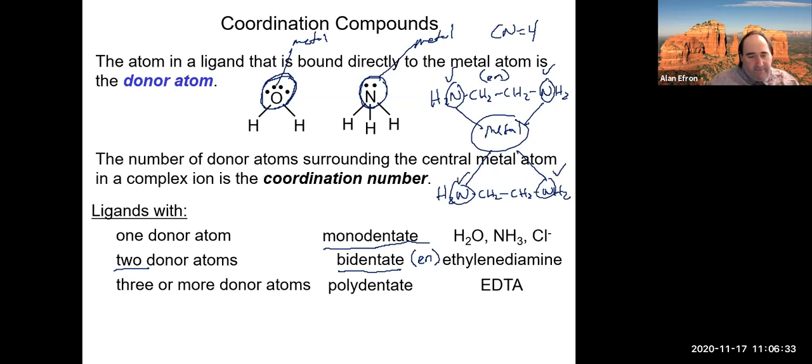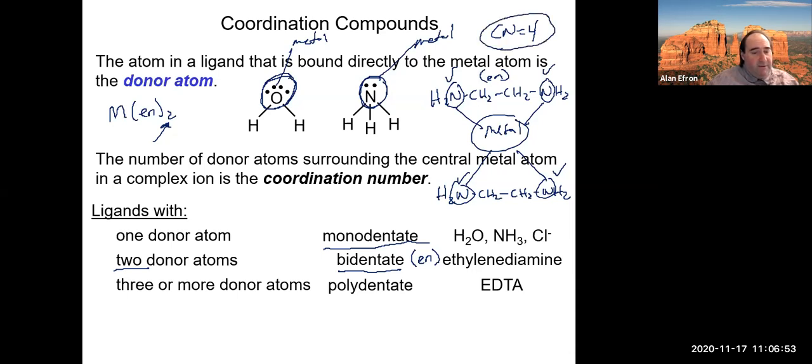So if you have the formula for that, it may look something like this. Very commonly people will look here and go, oh, the coordination number is 2. That would not be the case in this situation, because for every one of these ens, you get 2 attachments. 2 times 2 is 4 for the actual coordination number.